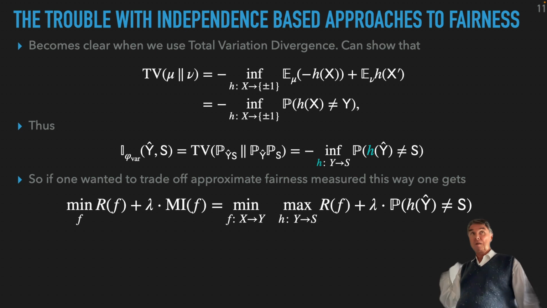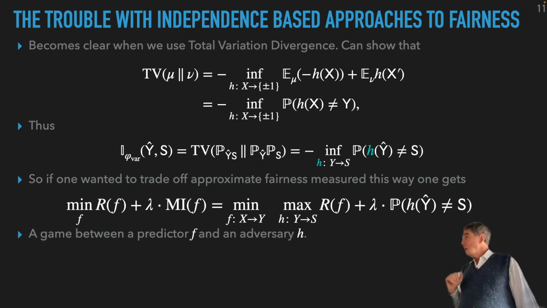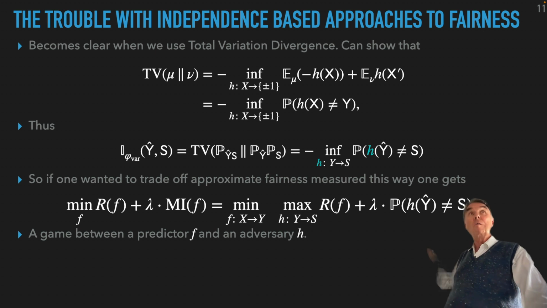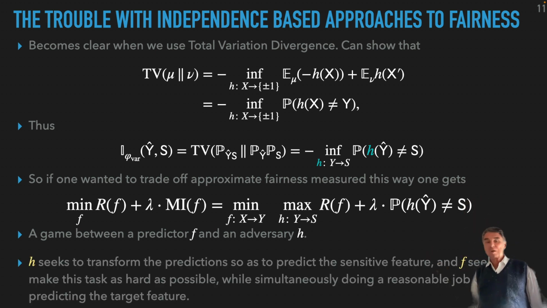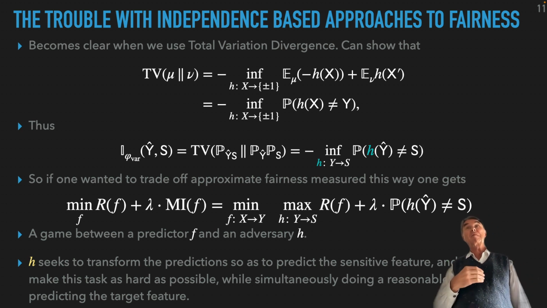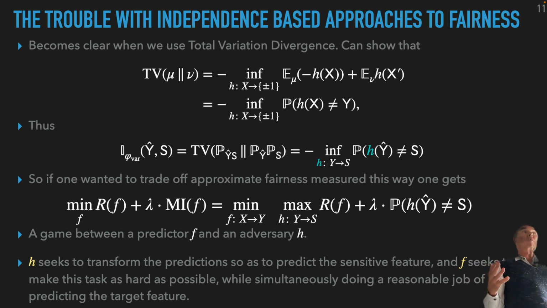Computationally, this is no good. It ends up being a game between a predictor and the adversary h if you think of what you would do to go and solve this. And what's going on is the function h is trying to transform the predictors so as to predict the sensitive feature, and f is seeking to make this task as hard as possible while simultaneously doing a reasonable job of predicting the target feature. Doesn't sound like I made the problem easy after all, right?